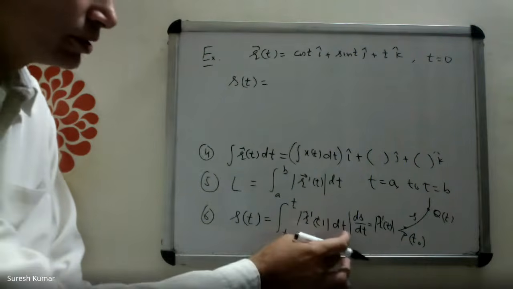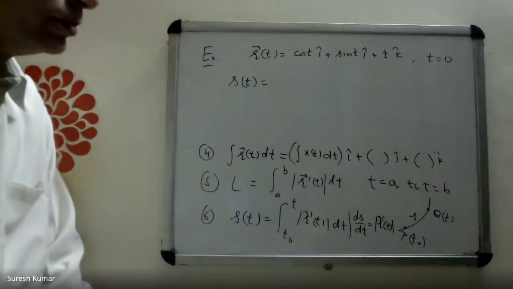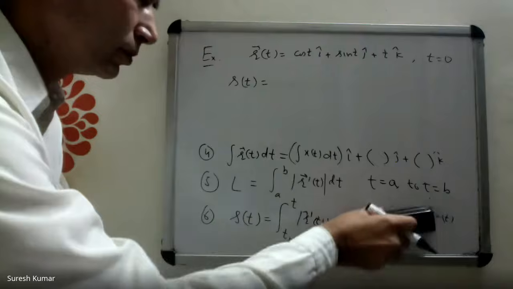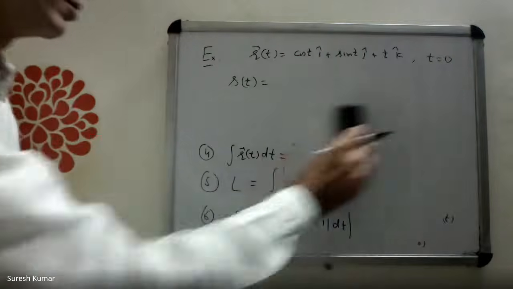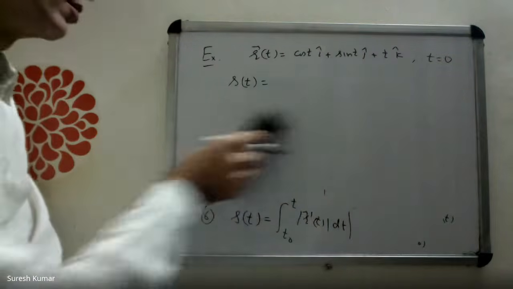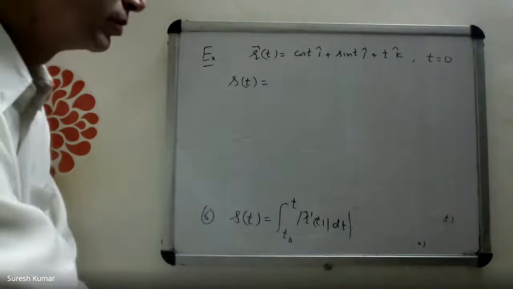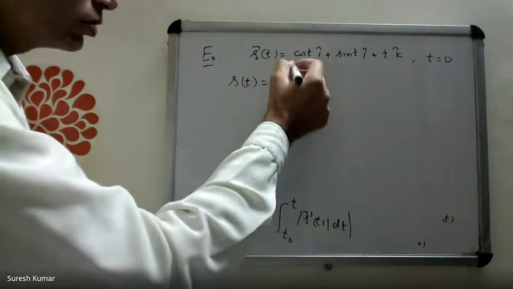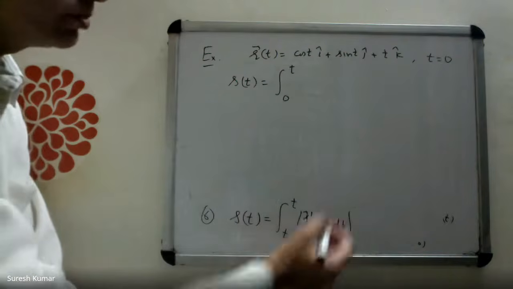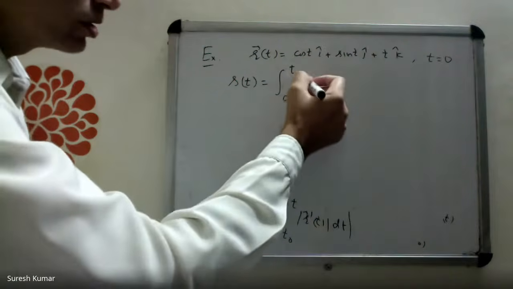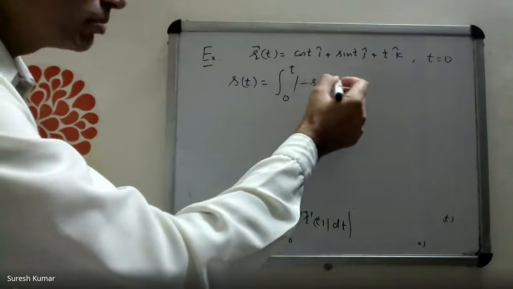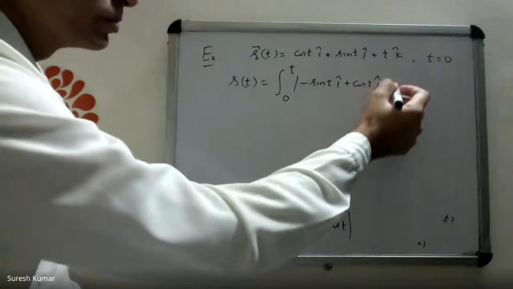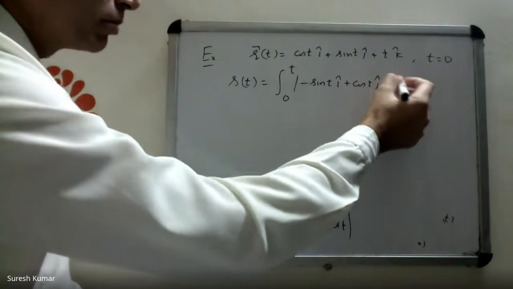Formula is written here. s(t) here means integral from 0 to t. r prime t means derivative of this, that means minus sin t i cap plus cos t j cap plus 1 times k cap.